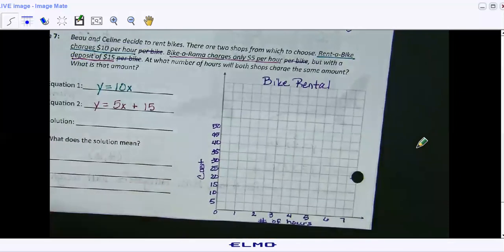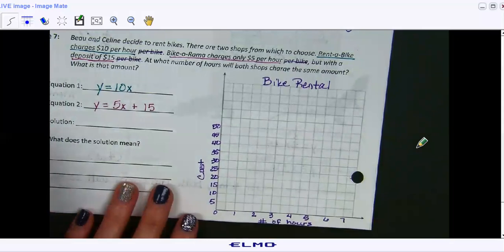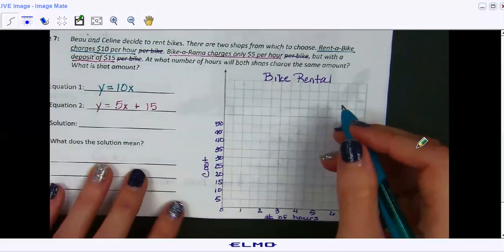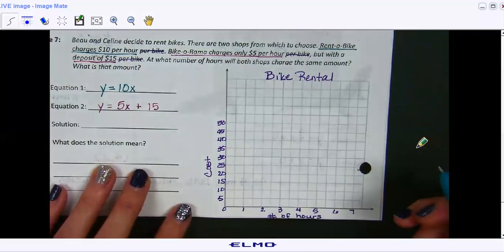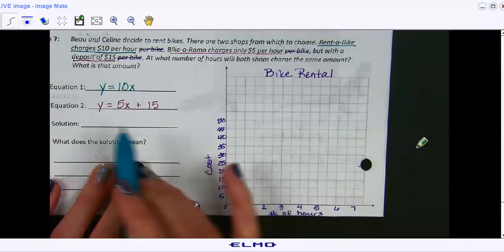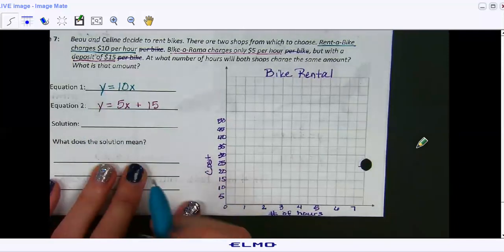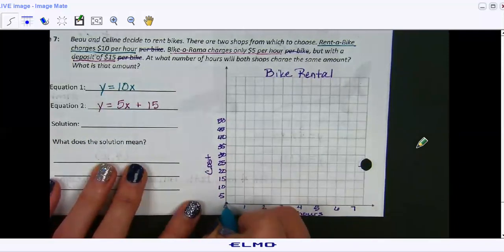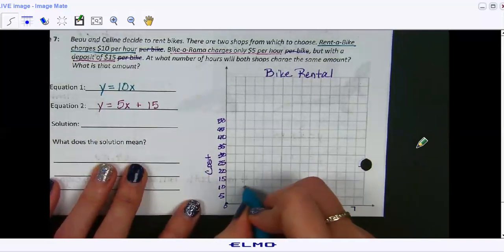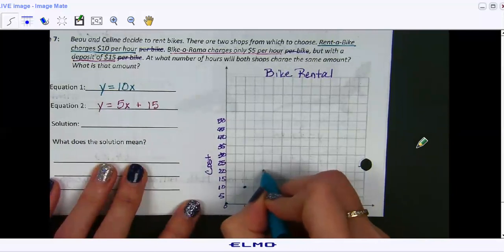So now we are going to graph the first equation. Where am I going to start? We're going to start at 0 and go up by 10. So 5, 10, and then over 1.